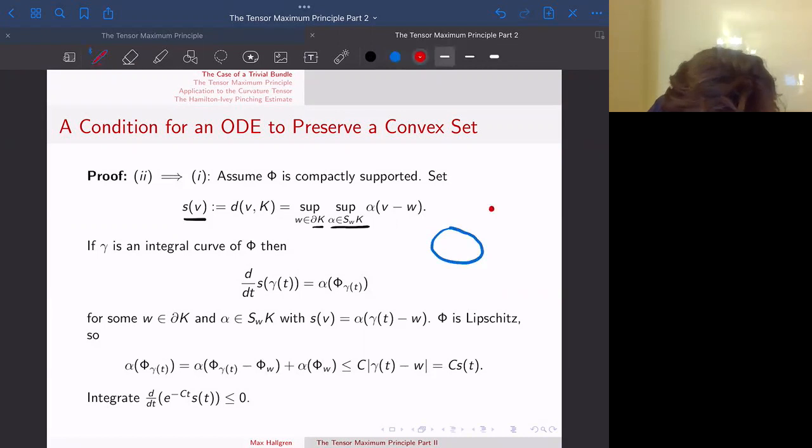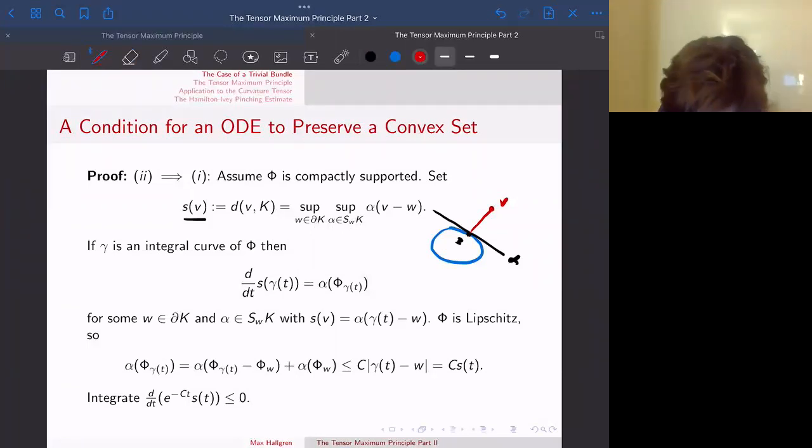Here's a point V. And the distance from V to the circle is going to be achieved by some point W. And there's a support function here at W. Call this alpha, such that alpha of V minus alpha of W is the distance. So in this case where our convex set is actually smooth there, we'll see that this is going to be perpendicular to the set alpha equals 0.